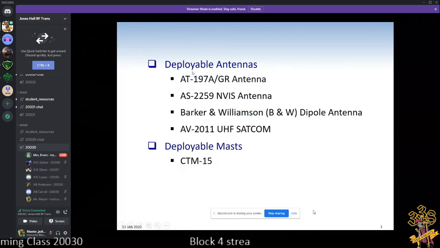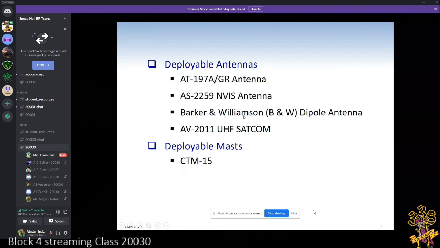And then we're going to look specifically at deployable antennas, such as the 197A UHF antenna. We will be doing that in lab. And the 2259 NVIS antenna, that stands for Near Vertical Incident Skywave Antenna. We'll also be doing that in lab.